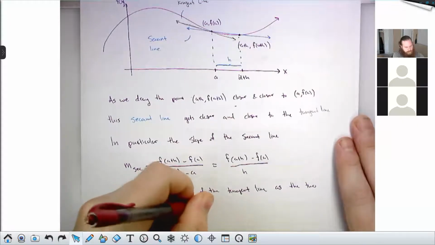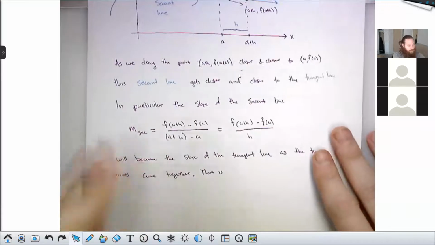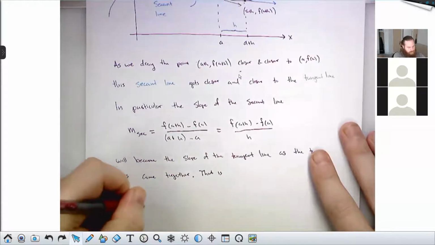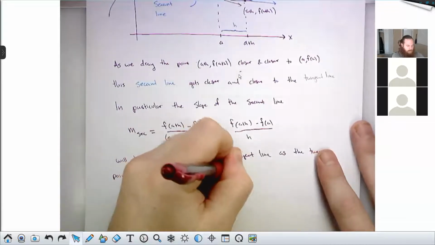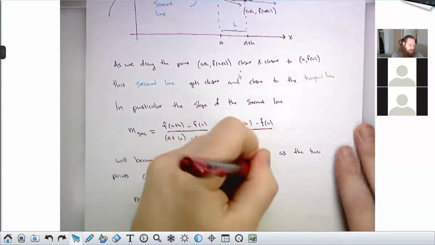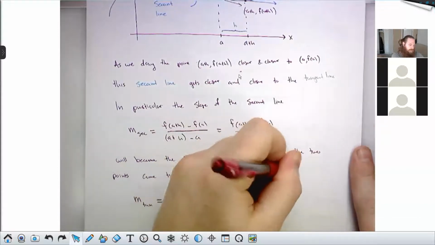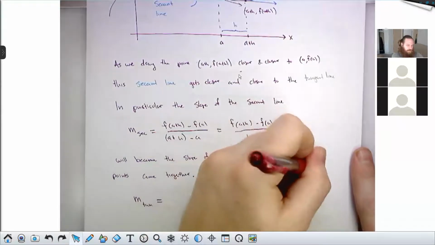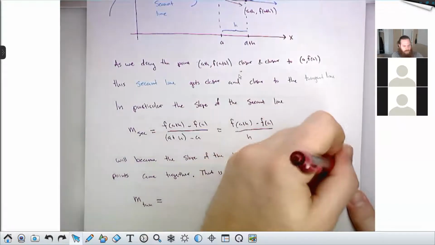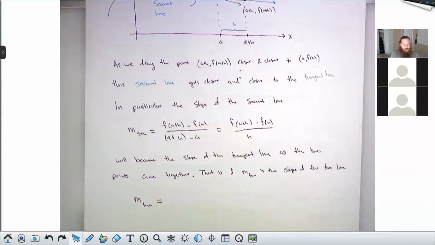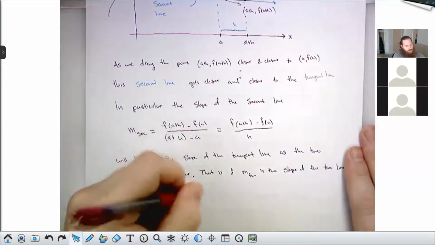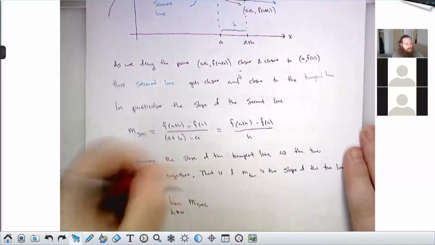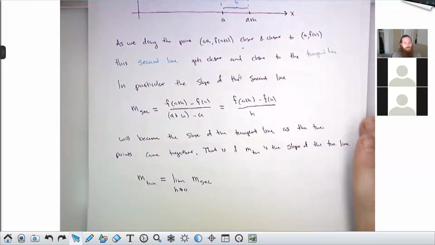That is m tan, the thing I want, the slope of the tangent line, so I'll abbreviate tangent as tan. m tan is the limit as h goes to 0 of m sec, the slope of the secant line.